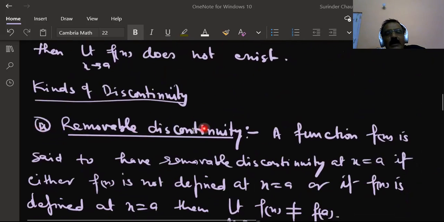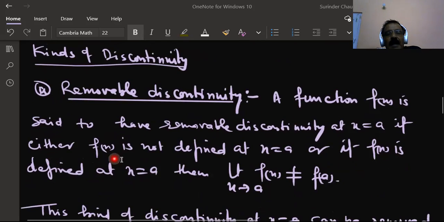First is removable discontinuity. A function f(x) is said to have removable discontinuity at x equal to a if either f(x) is not defined at a, or if f(x) is defined at x equal to a, then the limit as x approaches a of f(x) is not equal to f(a). Why is this called removable discontinuity?